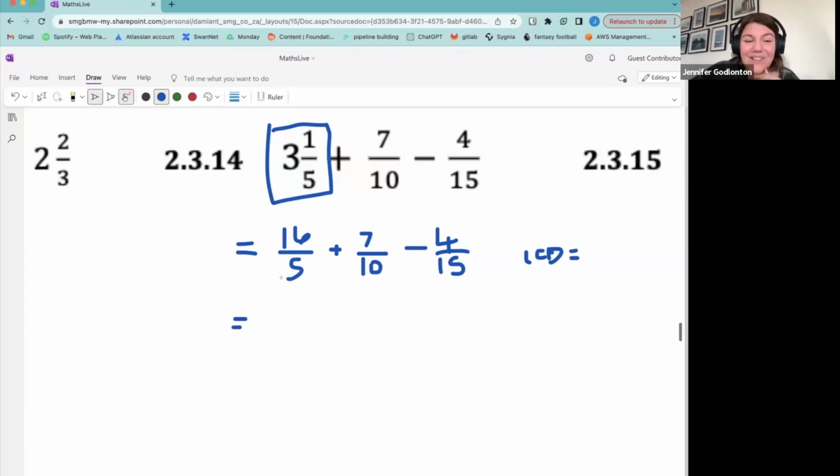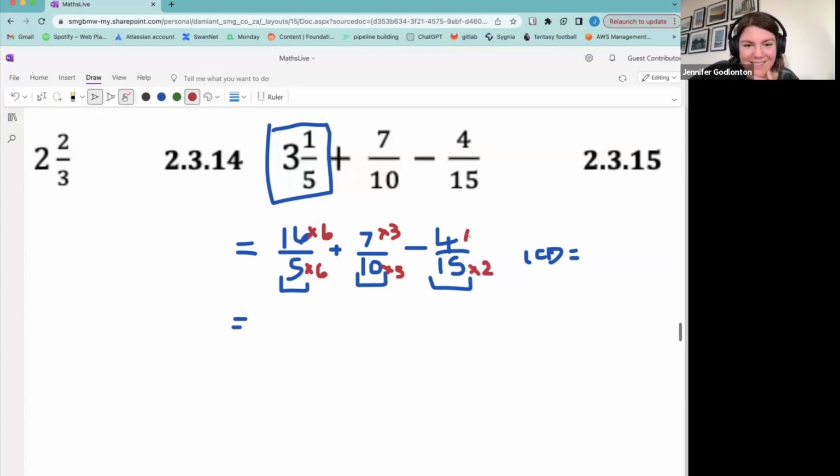Yes, good. Okay, so 5 can go into 30, 10 can go into 30, 15 can go into 30. Beautiful. Triple speed. What do I have to times 5 by to get to 30? Yes, good. What do I have to times 10 by to get to 30? What do I have to times 15 by to get to 30?